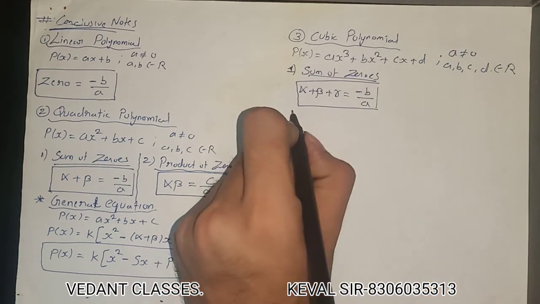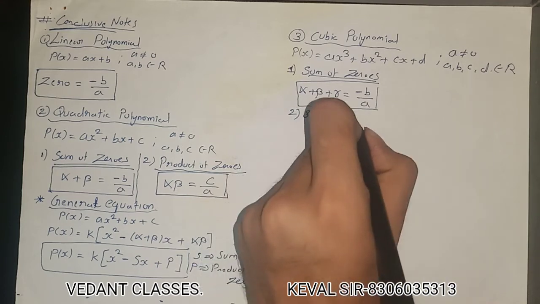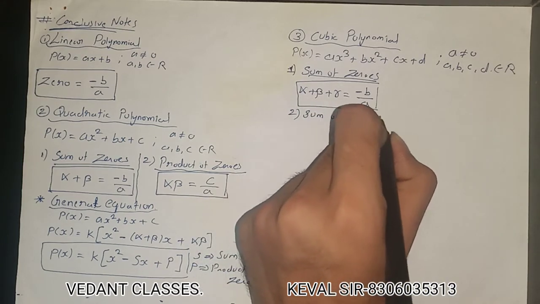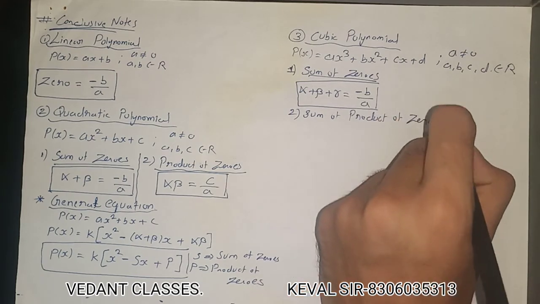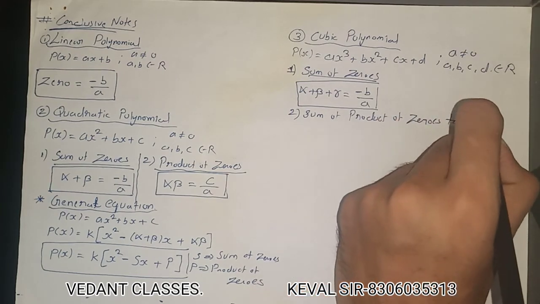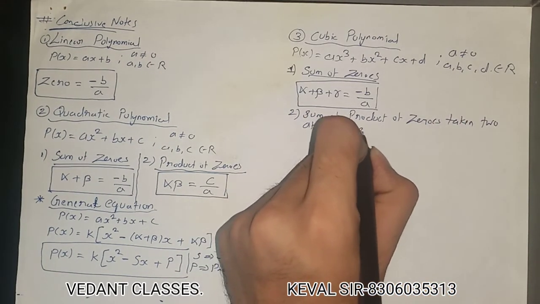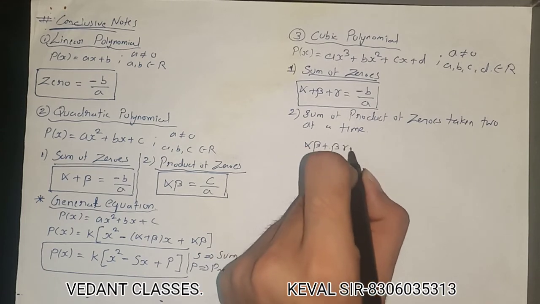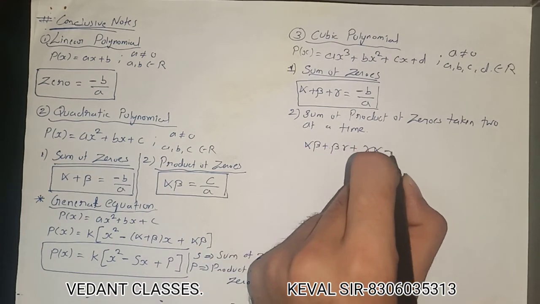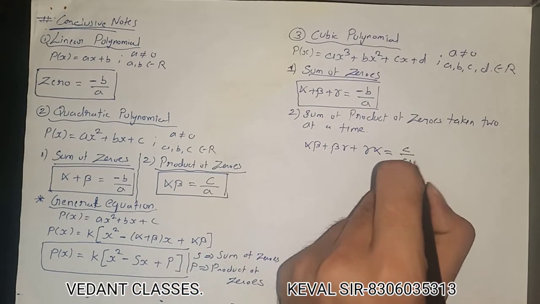Then the second thing is the sum of products of zeros taken two at a time. That is alpha beta plus beta gamma plus gamma alpha, and it will be equal to c by a.